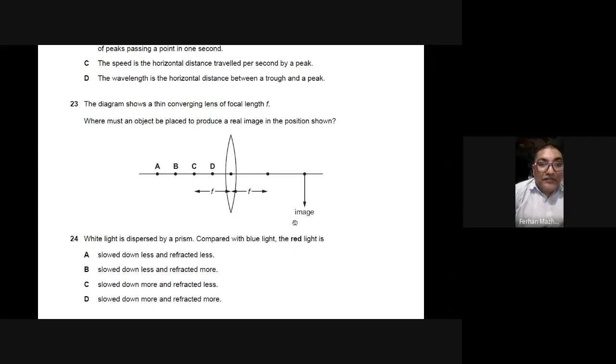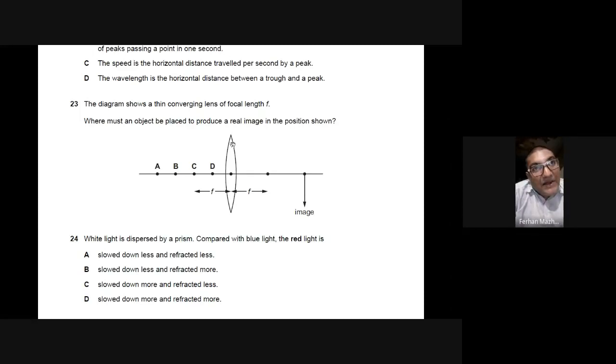Then join the tip, or the arrowhead, of the image with the focal point on the right side and prolong this line until it touches the lens.